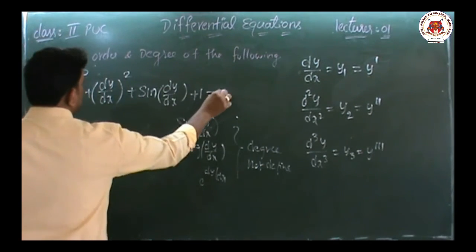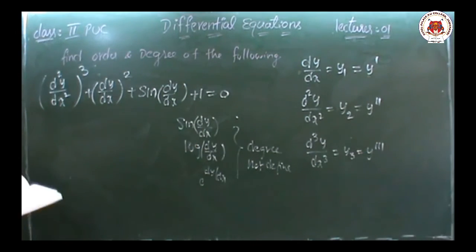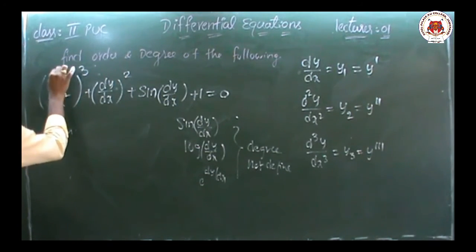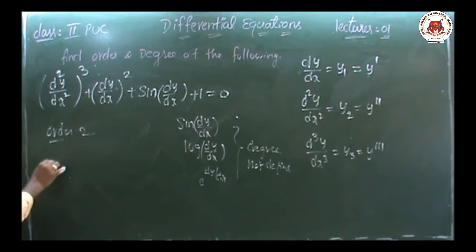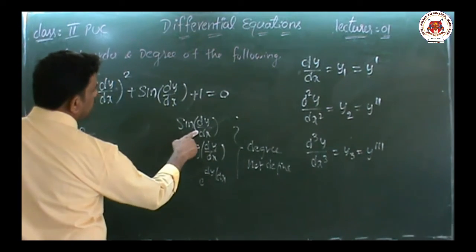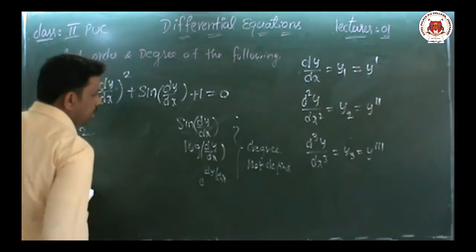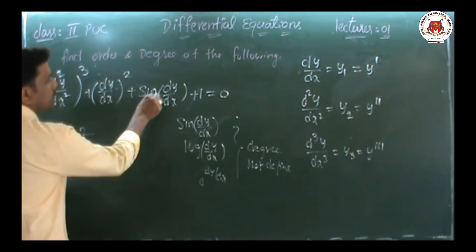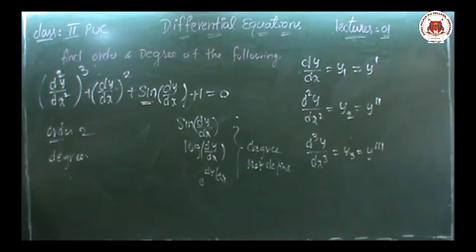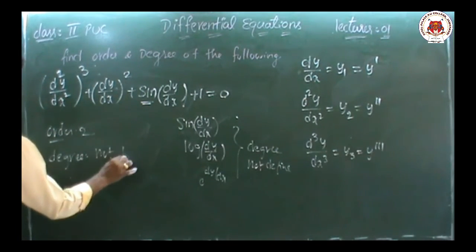So what is the order? Here 1 time differentiating, here 2 times differentiating. Order equal to 2. But while writing down the degree, what I said: if a trigonometric function has dy by dx, the degree is not defined. So here also the trigonometric function has dy by dx. So definitely the degree is not defined. This is the answer.